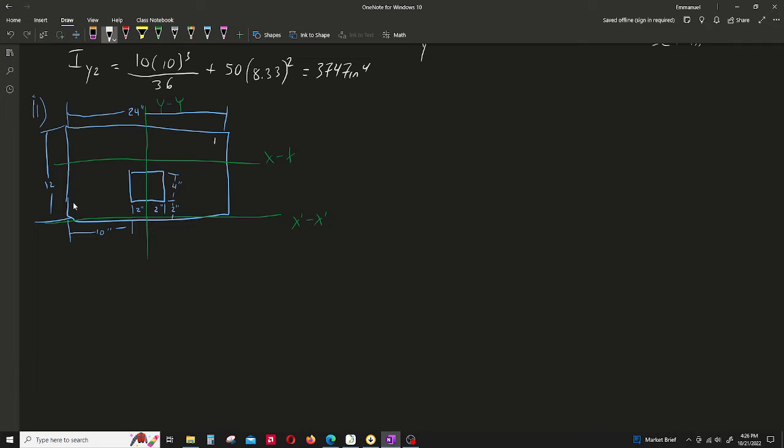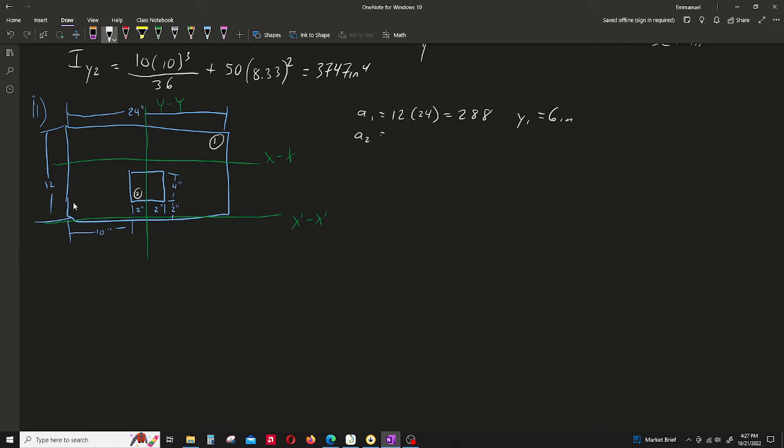I'm calling this big old rectangle 1, and I'll call this small cutout square 2. So the area for the first one is going to be length times width, which is 12 times 24. Give us 288. And the y in this case is going to be fairly easy to solve. It's just half of the height, so that's 6 inches.